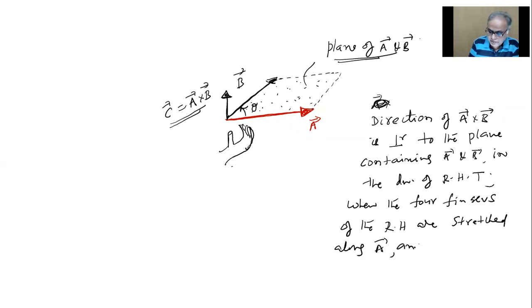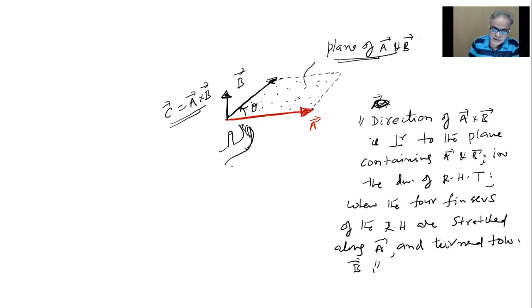And then turn towards B. So such an elaborate sentence is written. Direction of A cross B will be perpendicular to the plane containing A and B. Put a semicolon.